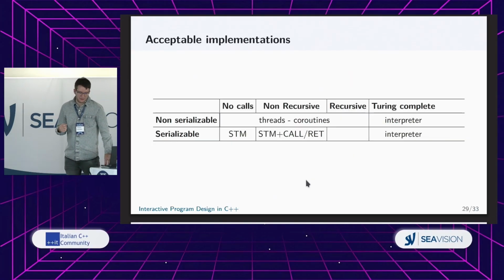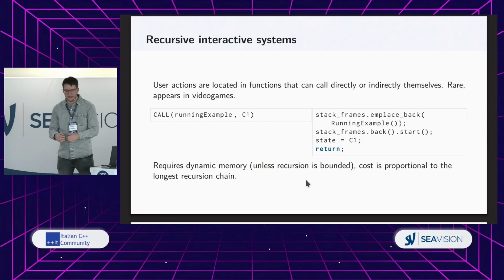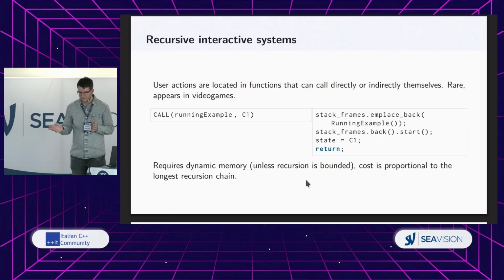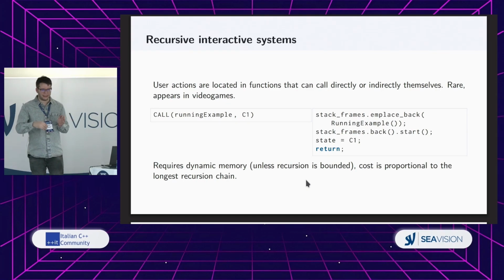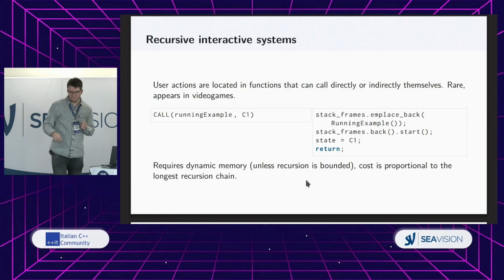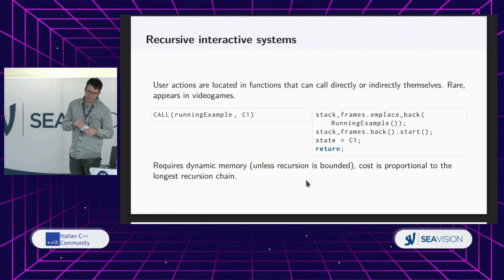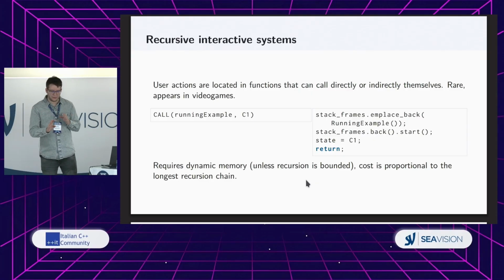And finally, we have the fully recursive system, which I will just briefly mention. In the fully recursive system, instead of having a stack of return addresses, you have a full stack of frames. Every time you want to perform a call, you create another stack frame, which is kind of tricky because you must guarantee, for example, pointer stability, so this is not super easy to do.